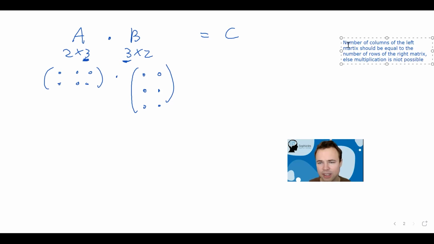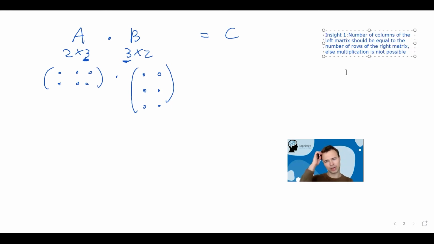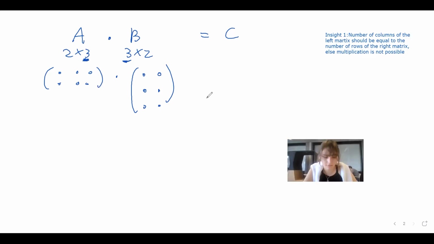So a really long sentence, but that's the insight. So that's the first insight. The number of columns of the left matrix should be equal to the number of rows of the right matrix, else multiplication is not possible. So in one simple sentence, this number needs to be the same as that number, else you cannot multiply. Always check for that. Okay.